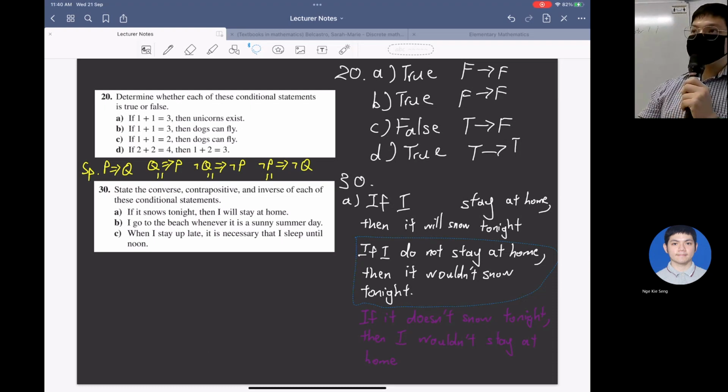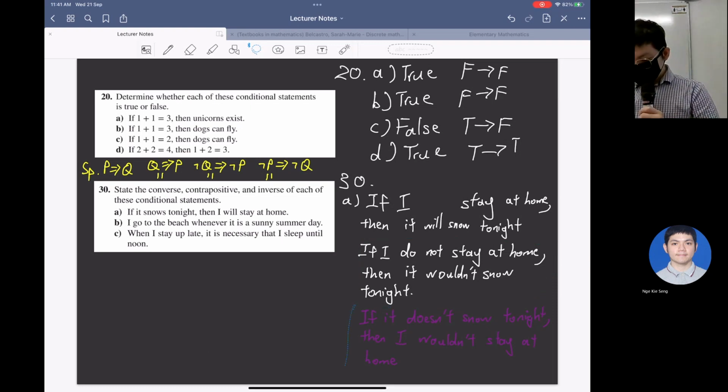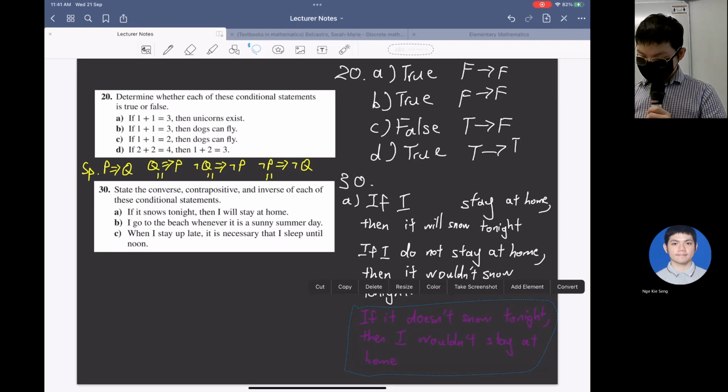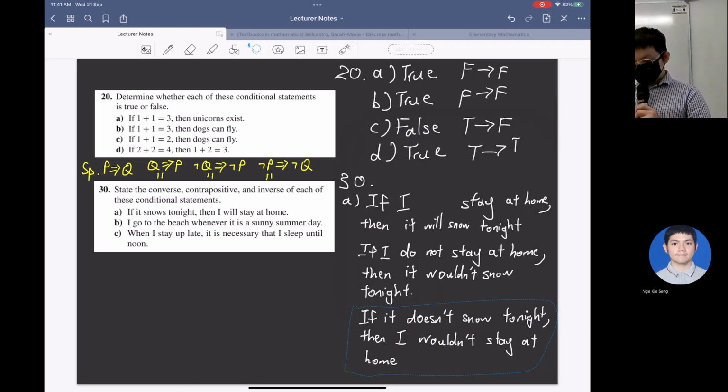Next. What's the inverse? Inverse. Okay. So if it doesn't snow tonight, then I wouldn't stay at home. So maybe you go out. Okay, next.